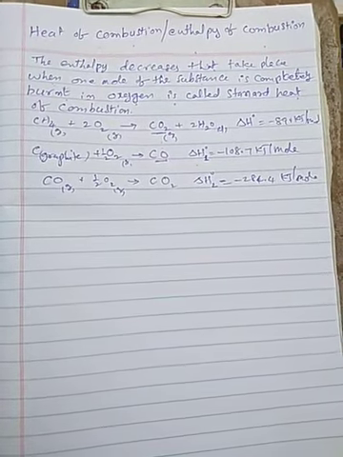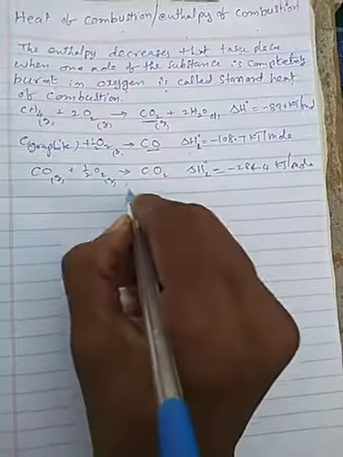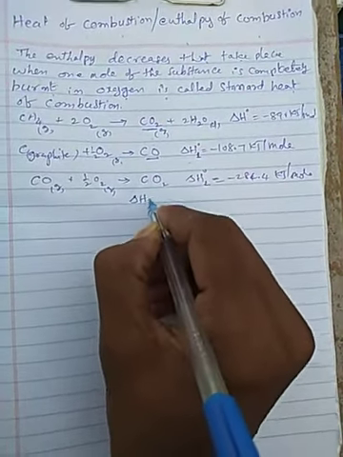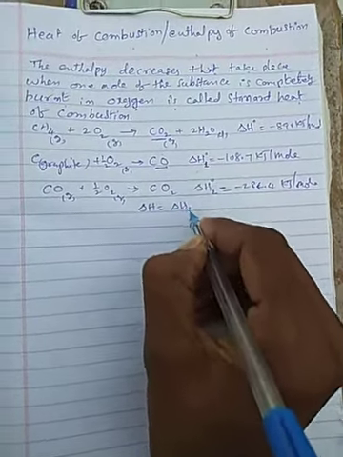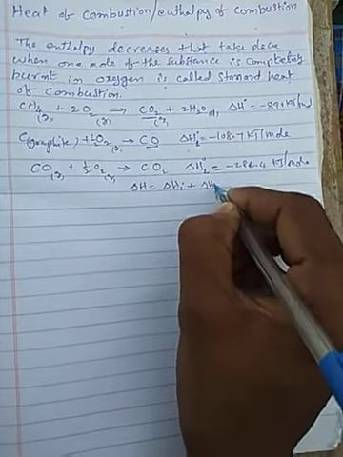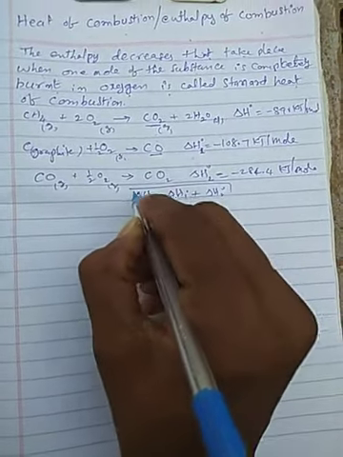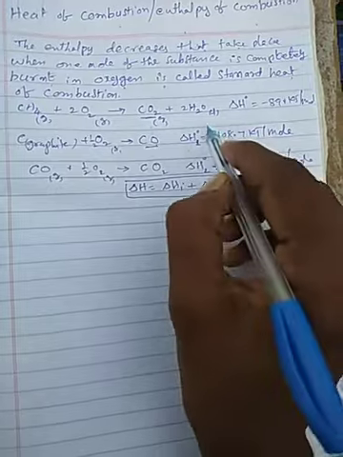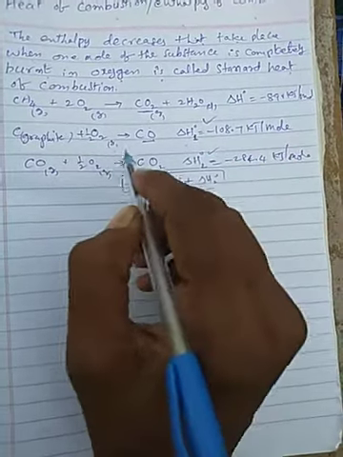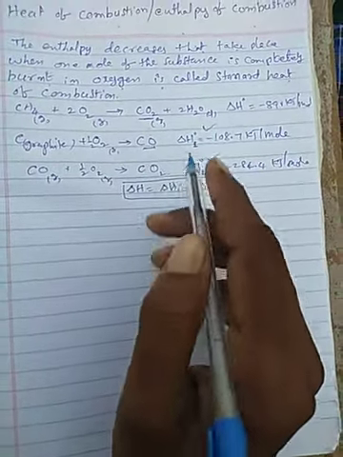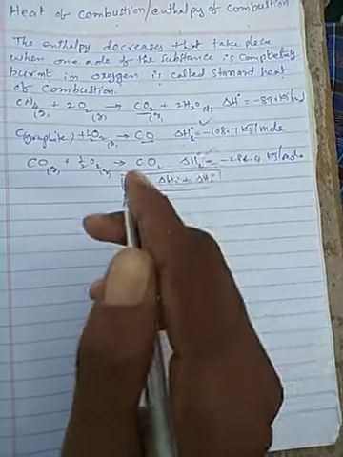Similarly, in this case the heat of combustion delta H is equal to delta H1 plus delta H2, because two reactions are forming, not a direct one. That is the value of delta H.